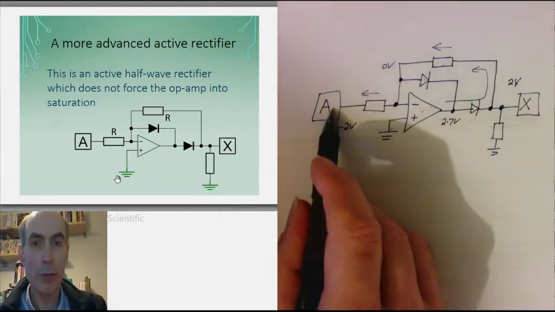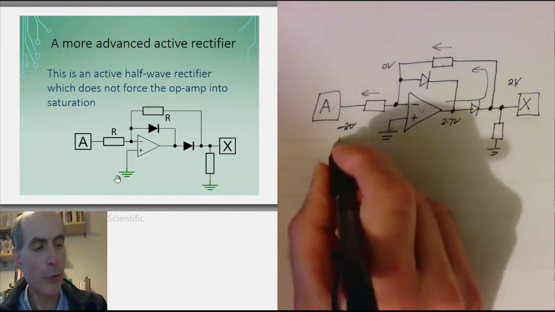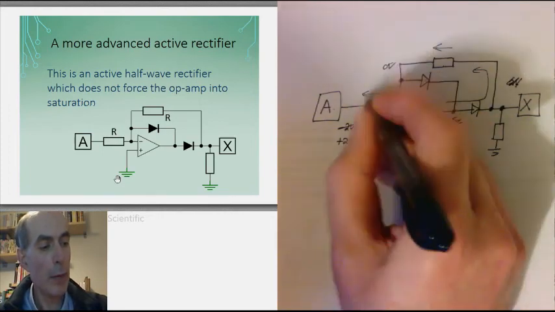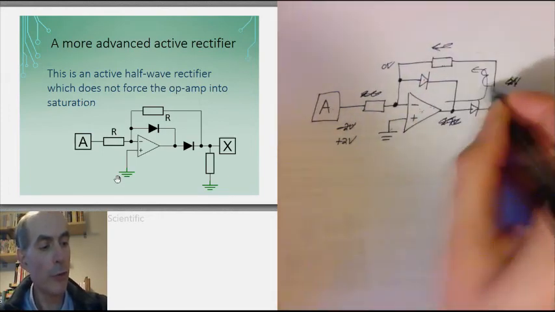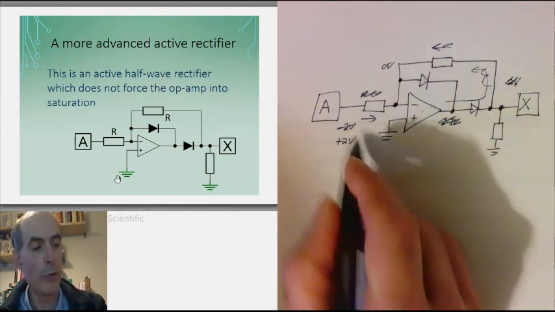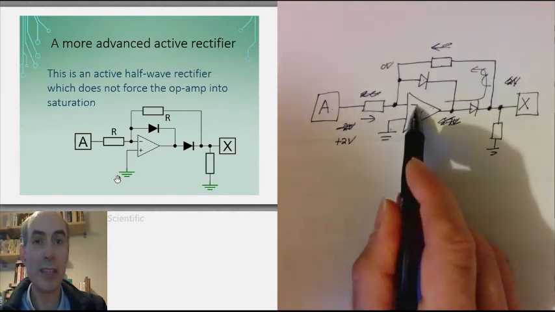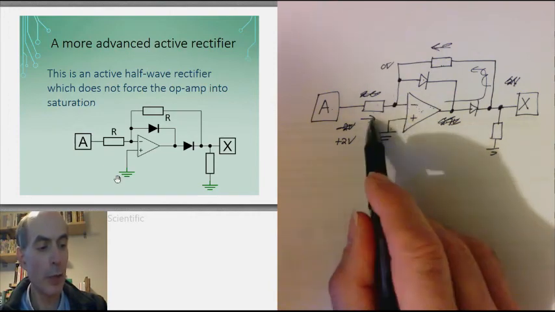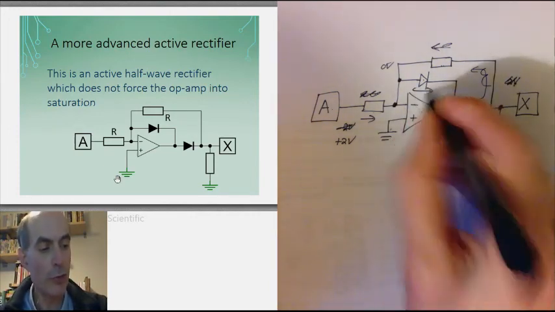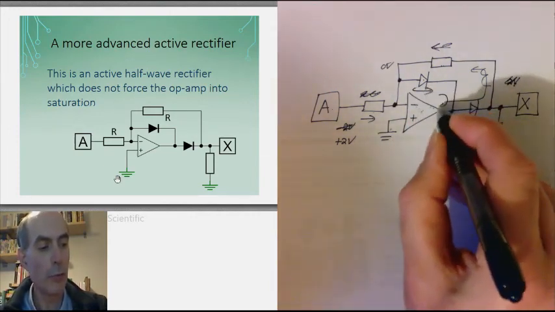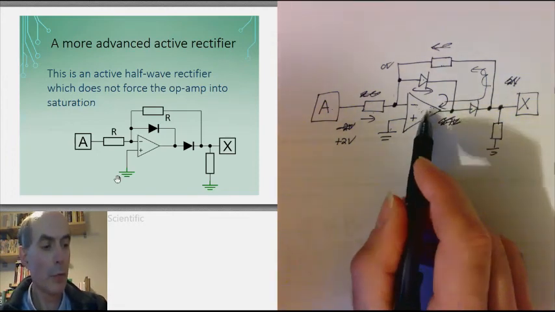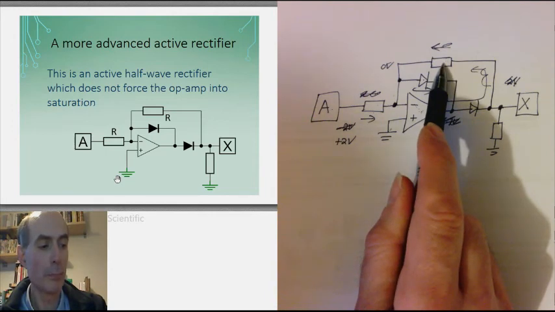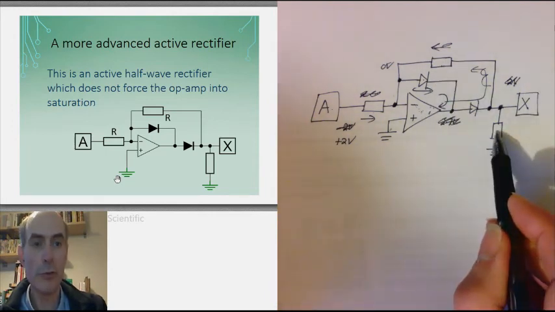However, if the input is positive, say this was +2 volts, then we've now got a current that's trying to flow this way through this resistor, because the op-amp is again maintaining its inverting input at ground. This time, this current can flow through this diode and round to the input of the op-amp there, which means that there's no current flowing through this resistor and no current flowing through this resistor.